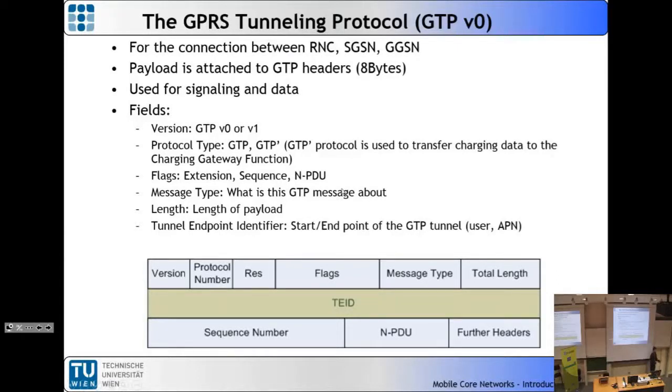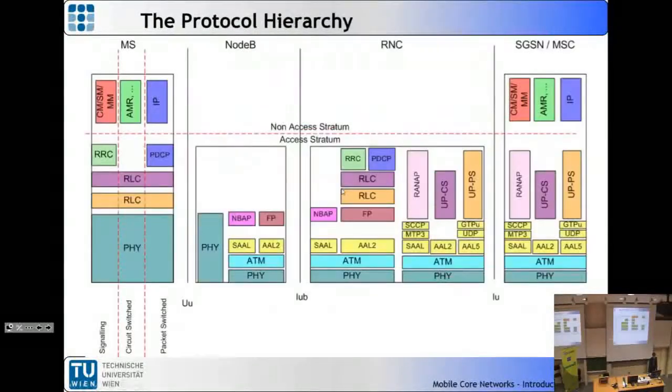So you need a way to tell these elements how you transmit quality of service. And that is basically the way you do that, because when you establish this tunnel, you also signal, this is this kind of data rate that is expected, it's this kind of delay, it's this kind of packet loss. Because you have to consider, the RNC, if we look here in this protocol stack, has no concept of IP anymore.